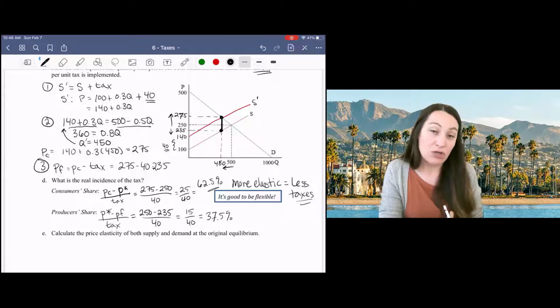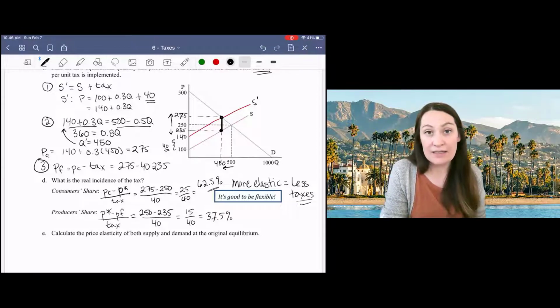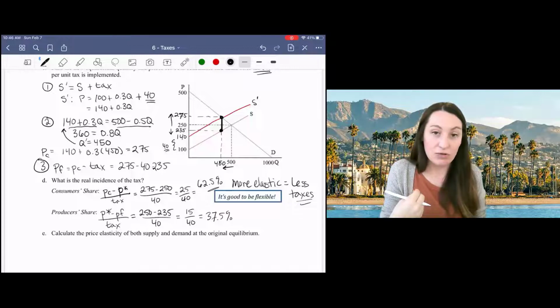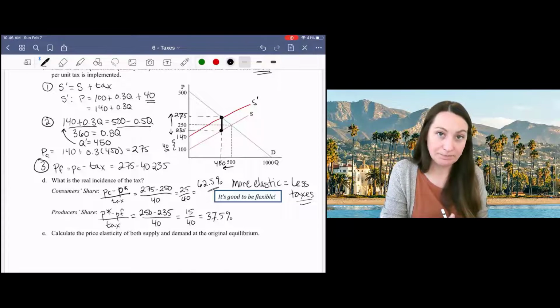So what we could do to analyze the impact of a tax, or the real incidence of the tax, is to compare the relative elasticities of supply and demand.